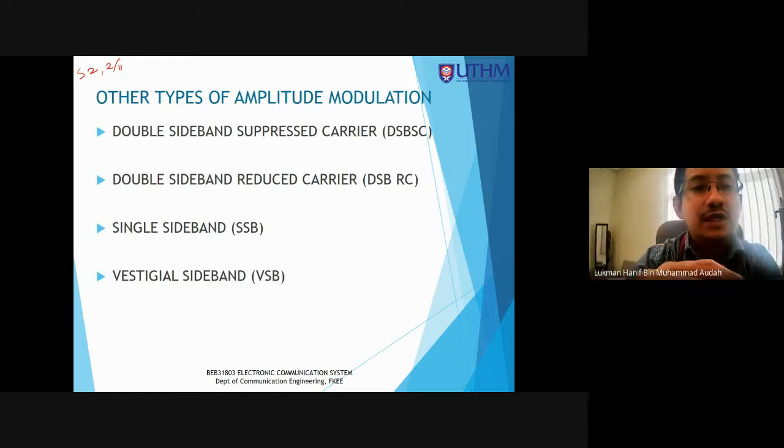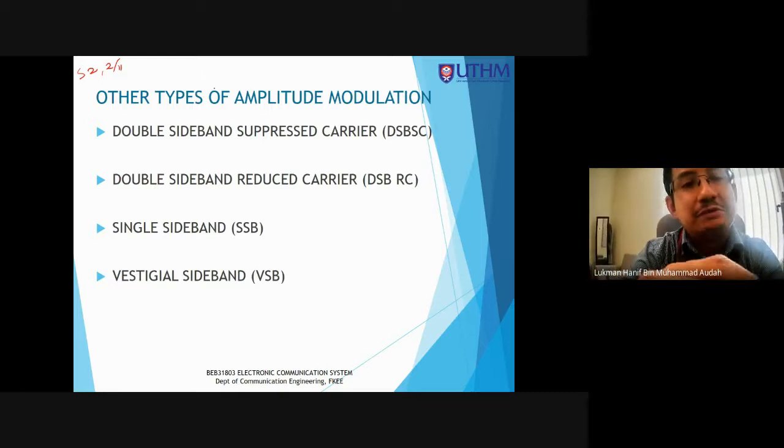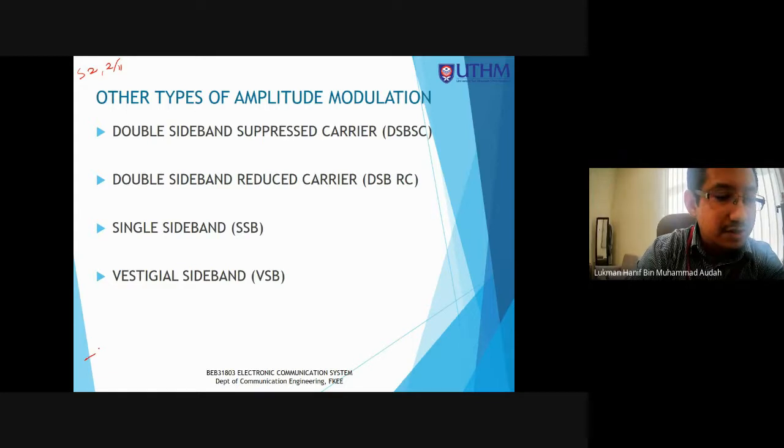So remember that the modulation process is the process that happens inside the transmitter. Dia adalah proses yang berlaku di dalam transmitter. Pada kebiasaannya modulator terletak di bahagian awal transmitter, yang mana kita buat proses modulation.